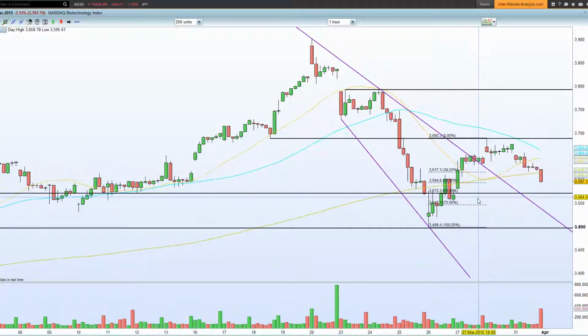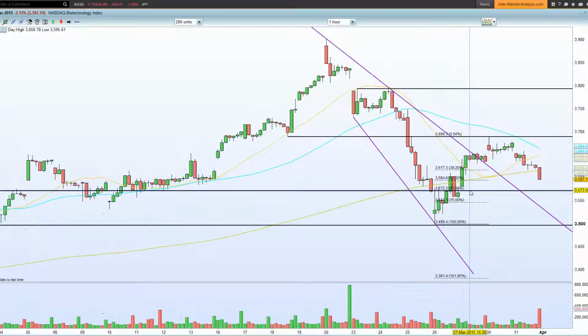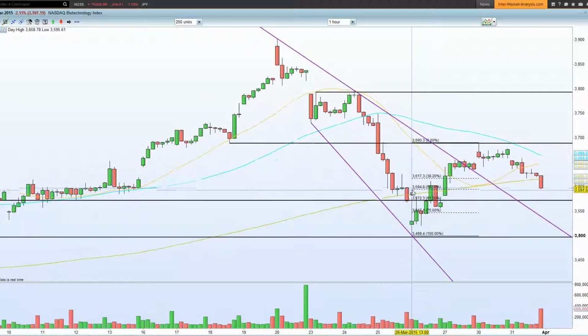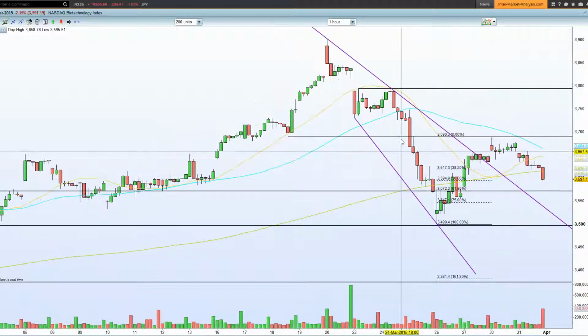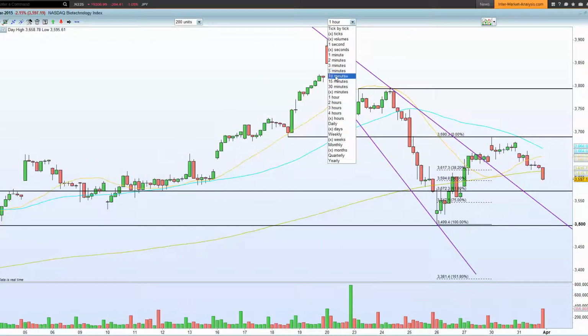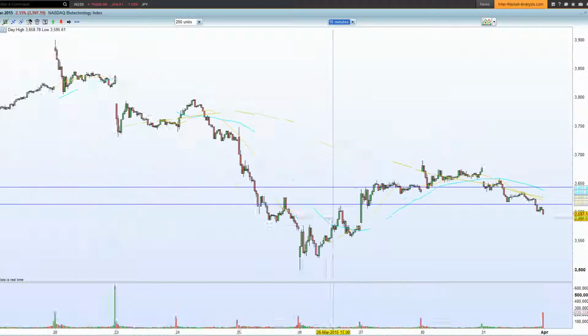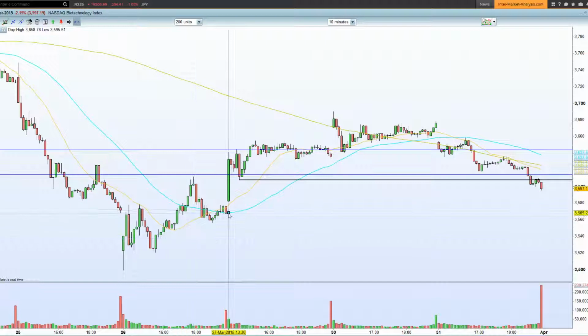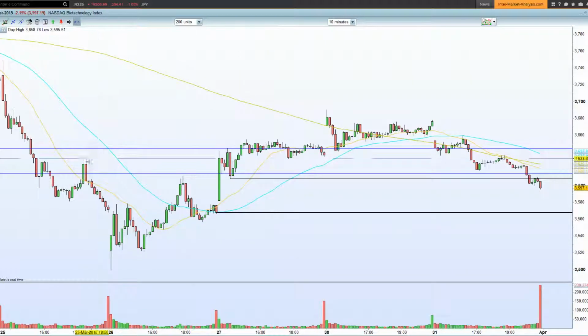We had this downward sloping expanding wedge, but again into that 50% fib support region. So this will be interesting to observe as to what the next move will be. The 10-minute chart is signaling caution from that perspective. Again, something that needs to be observed. We have this gap fill support below. We'll see if that holds.